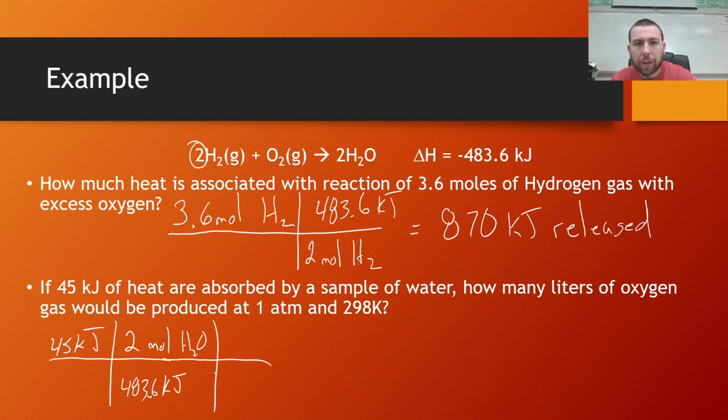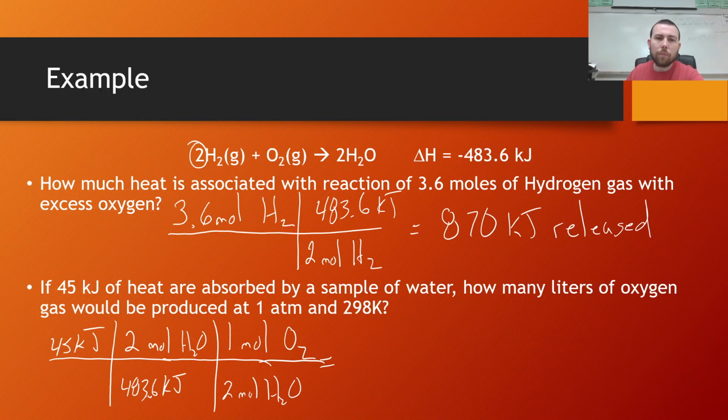All right, so then we know, for every 2 moles of H2O, we've got 1 mole of oxygen that would be produced. So we have 45 times 2 divided by 483.6 times 2.